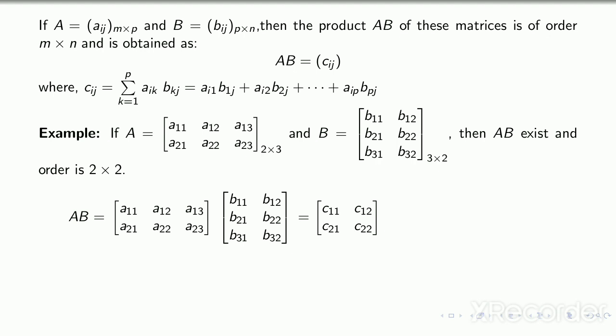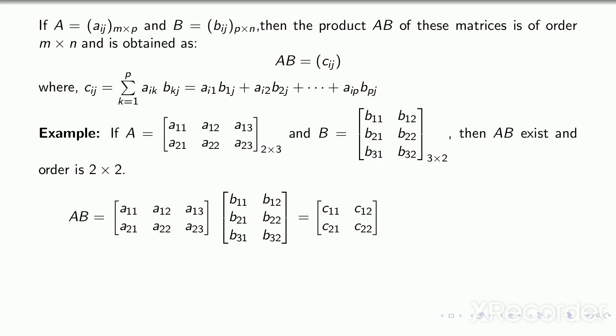Now the question is how to obtain these elements C11, C12, C21, C22. Now one can obtain these elements by putting the corresponding values of ij in the formula for cij and allowing k to vary from 1 to 3.